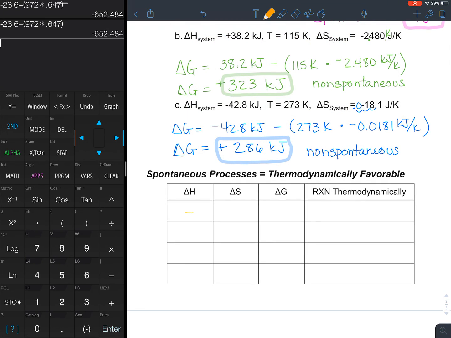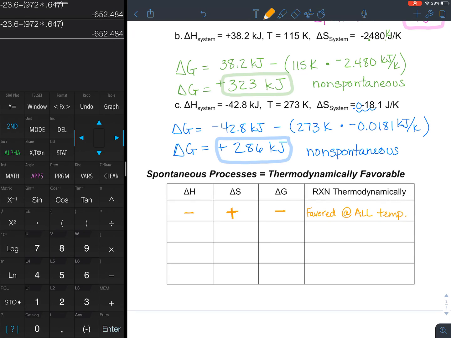If we have a negative delta H and a positive delta S, we will always end up with a negative delta G. No matter what, we are always going to end up that way. And so it's going to be favored or spontaneous at all temperatures.